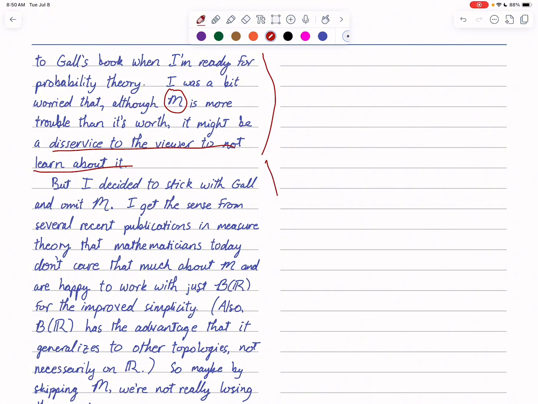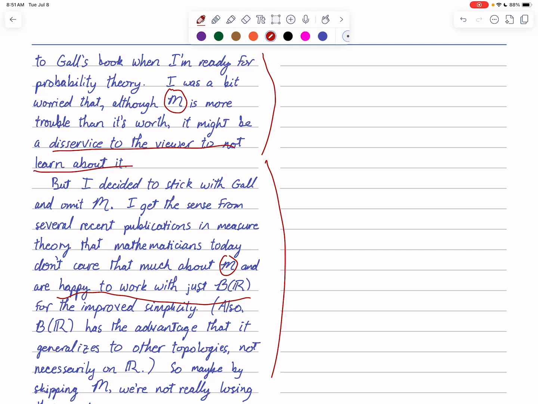But ultimately, I decided to stick with this textbook and to just not even bother talking about the Lebesgue measurable sets. The reason I made that decision is that I get a sense, from having looked at a few other textbooks in measure theory, that mathematicians today don't really seem to care that much about the Lebesgue measurable sets, and they're happy to simply work with the Borel sets because of their improved simplicity.